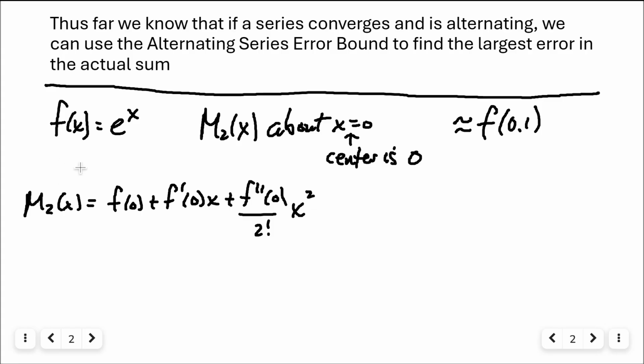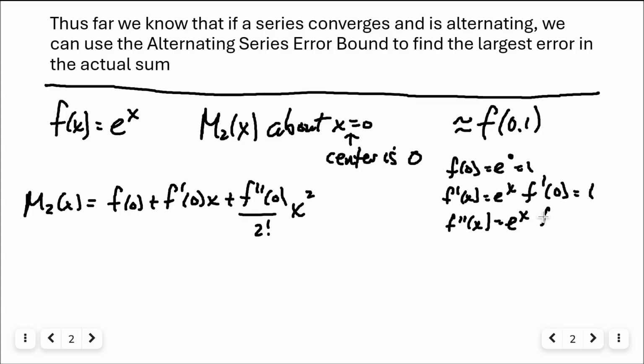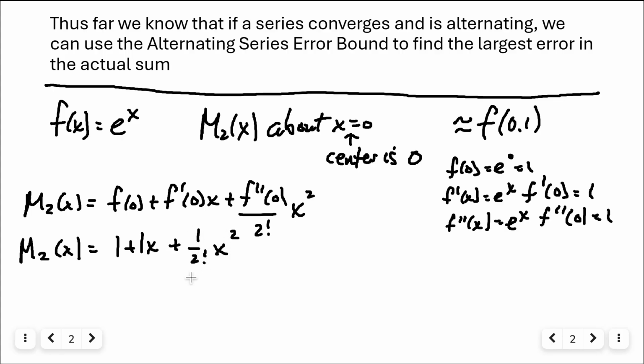Which are easy. f of 0 is e to the 0, which is 1. f prime of x is e to the x again, so f prime of 0 is also 1. And f double prime of x is e to the x again, and f double prime of 0 is also 1. So the second degree Maclaurin polynomial with respect to x is 1 plus 1 times x plus 1 over 2 factorial x squared.